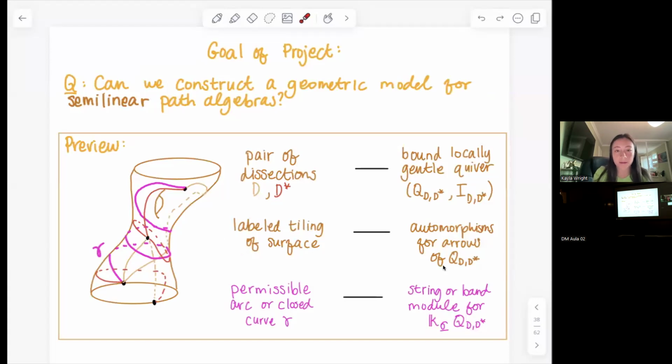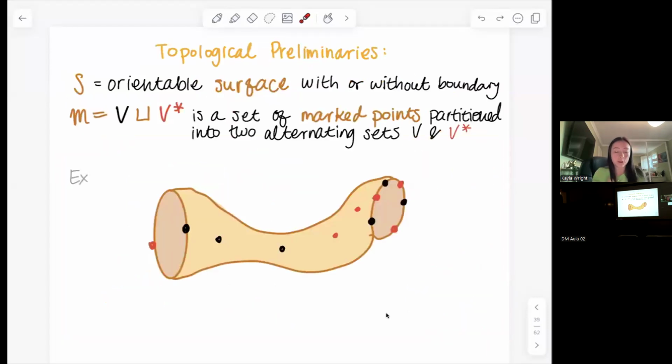Okay, so I'm going to start talking a little bit more about the topological setup. We're going to let S be an orientable surface with or without boundary. In this picture, I just have a sphere with two boundary components removed. Then we're going to have a set of marked points that I'll call M. We want to think about these marked points as being partitioned into two alternating sets.